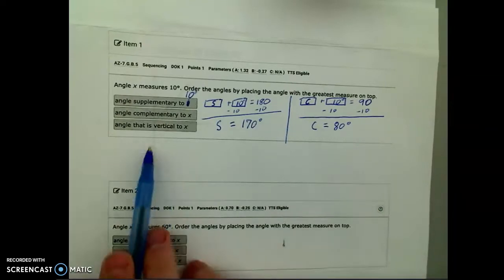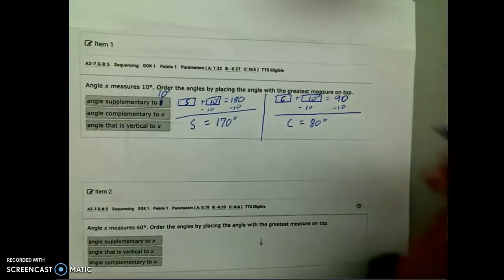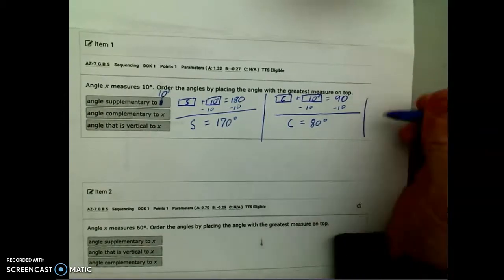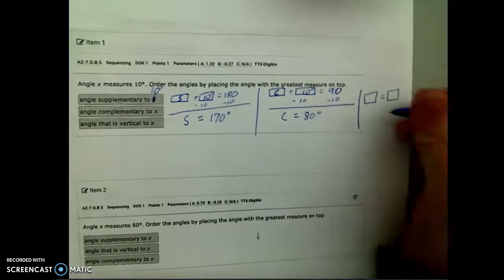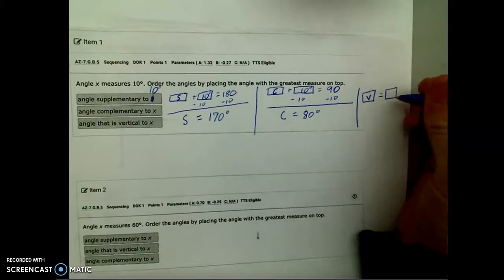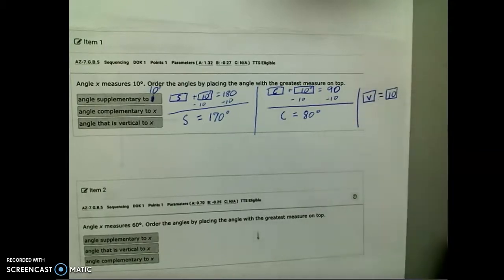Now the last one, vertical angles, are my favorite because what we know about vertical angles is they are equal to each other. So the vertical angle is equal to 10. I didn't have to do any math on that. It's just 10.